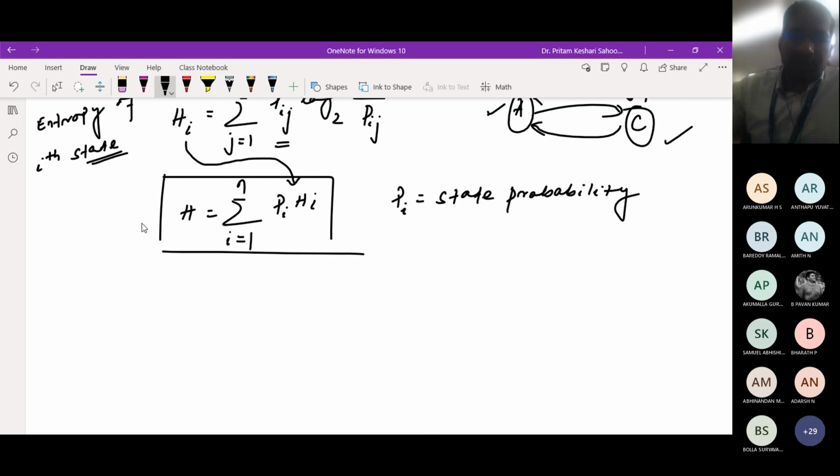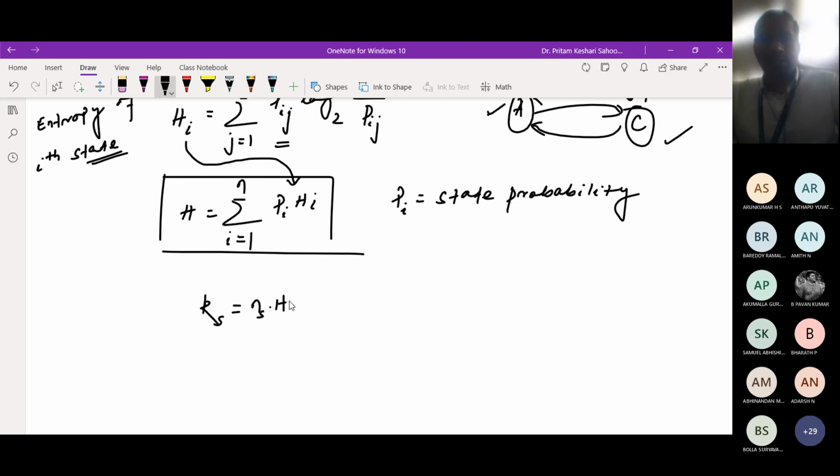Okay, and once we can find the average information of the source, we can also write the information rate, that is equal to the symbol rate multiplied by the average information.